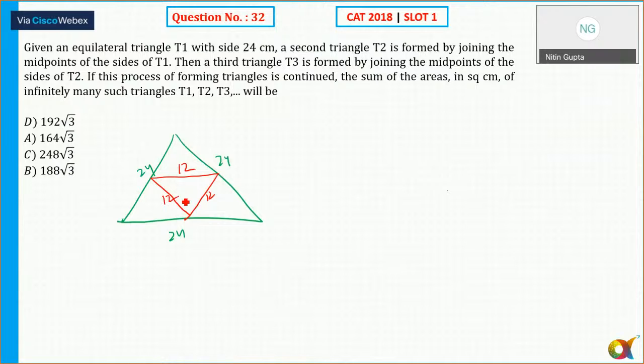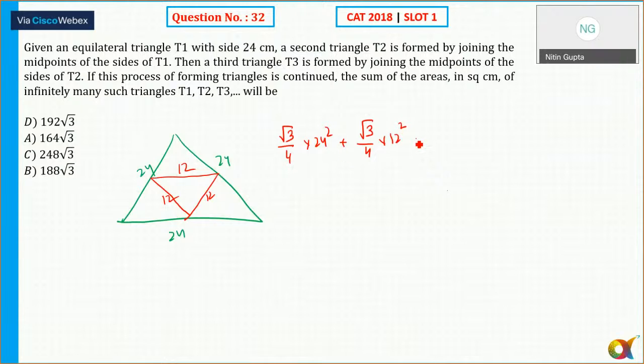Okay, and so on. If this process of forming triangles is continued, find the sum of the areas of the infinite triangles. So what is the area of the first triangle? I can say root 3 by 4 into 24 square. Area of the second triangle, root 3 by 4 into 12 square. For the third triangle, the length will be 12 by 2, which is 6.